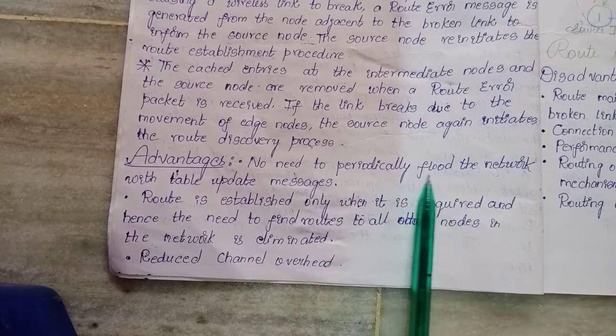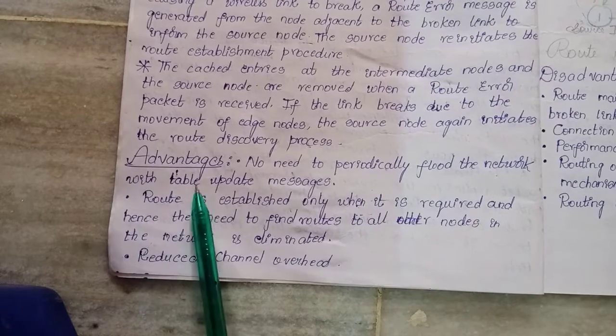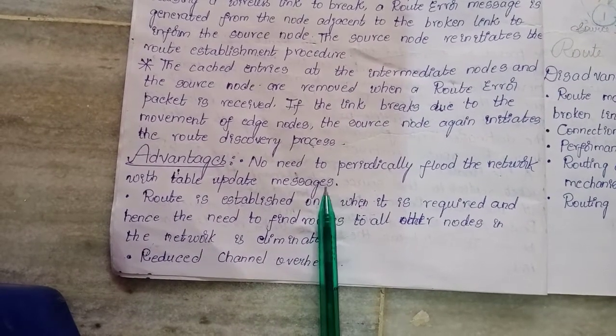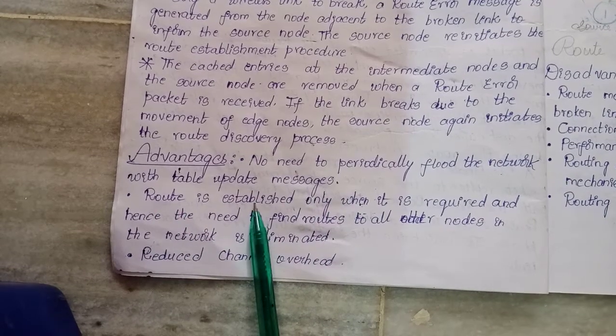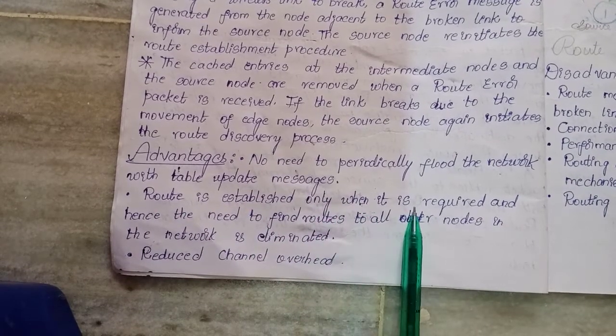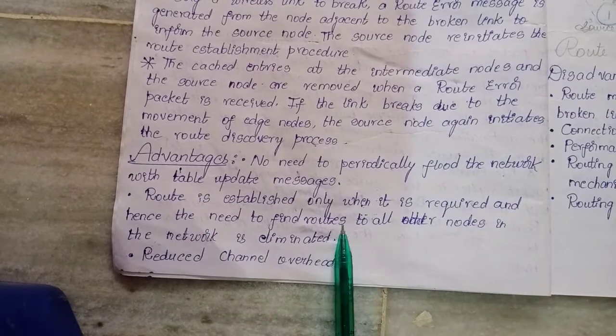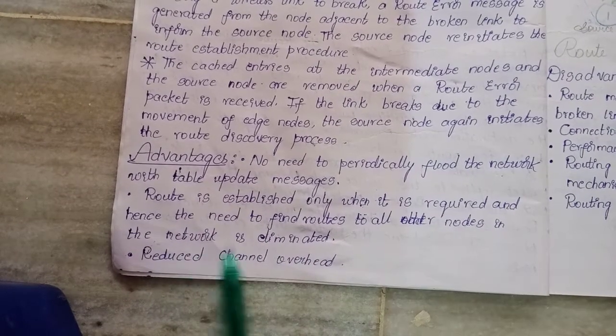No need to periodically flood the network with table update messages like in table driven routing protocols. This is an advantage. Route is established only when it is required, and hence the need to find routes to all other nodes in the network is eliminated.